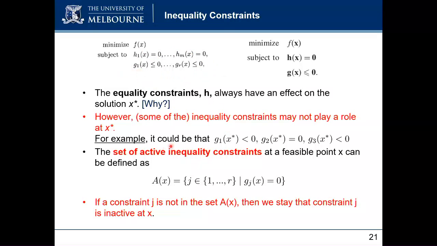Now, if x star is your solution, you may very well have the case that G1 x star is strictly less than 0, but G2 x star is 0, and G3 x star is again less than 0. When it is less than 0, does that play a role at the solution point? I'm talking about the solution point.